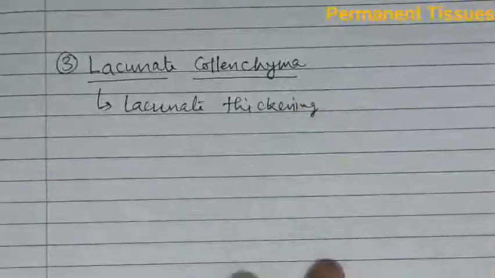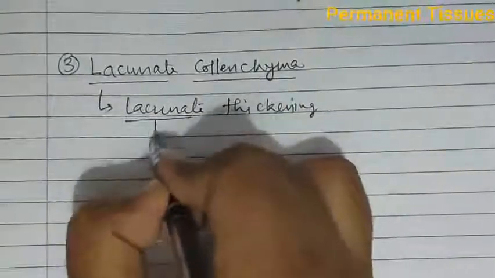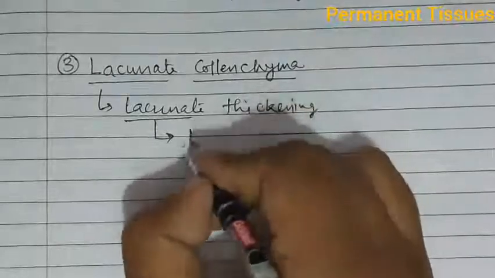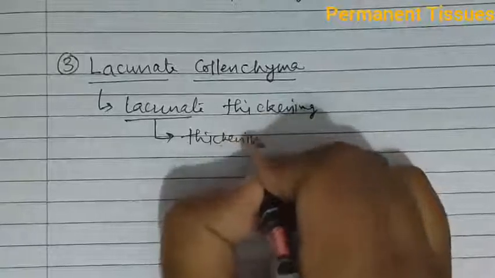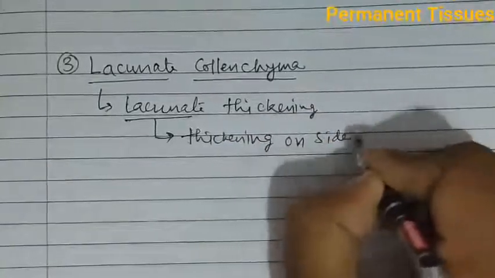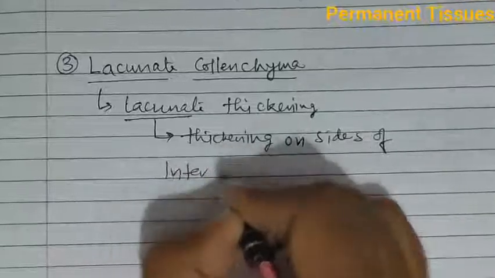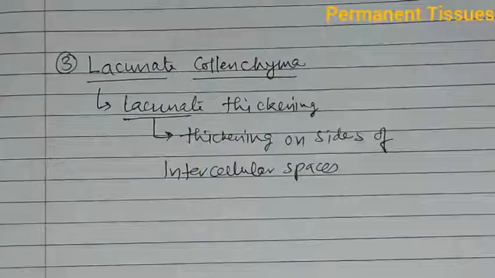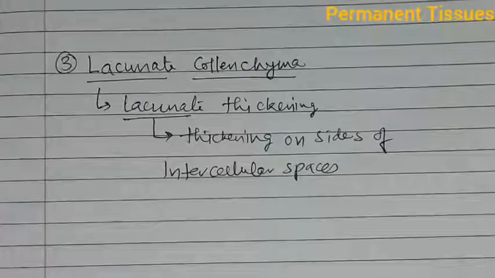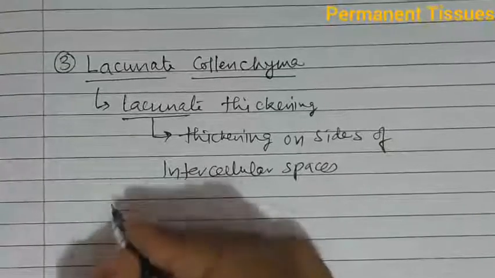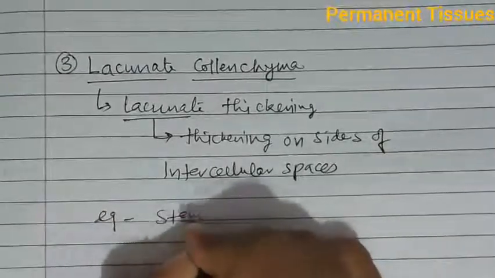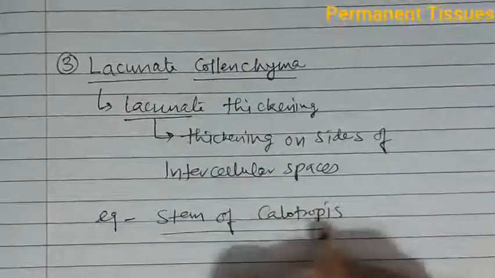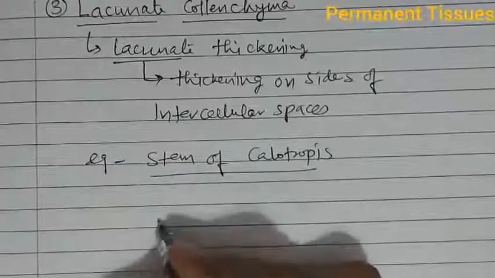Now lacunate means a lacuna, meaning thickening on the sides of intercellular spaces. Wherever you find intercellular spaces, and at that part you find a specific thickening, then that is known as lacunate collenchyma. The example is the stem of Calotropis.